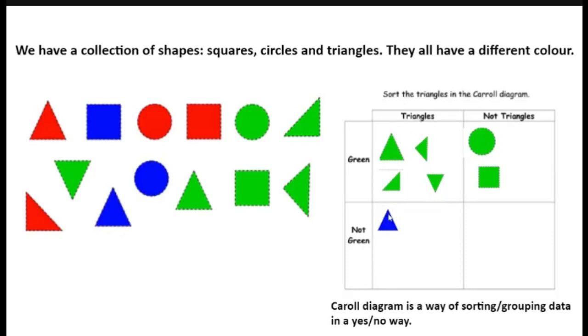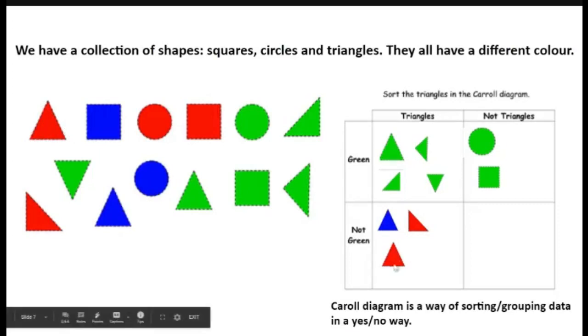It's a triangle, but it's not green. It's blue. So we put it here. Now, here, another triangle, red triangle. So good. It's not green, and it's a triangle. And one more triangle. It's not green, and it's a triangle. So we can put it here, yes?